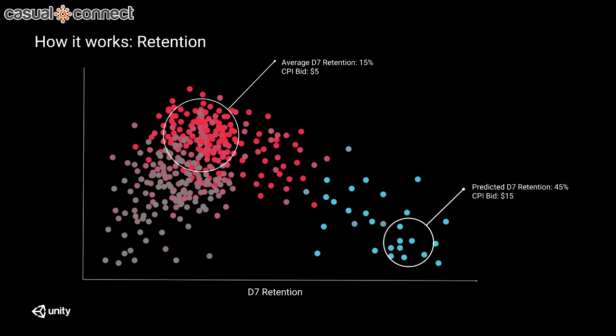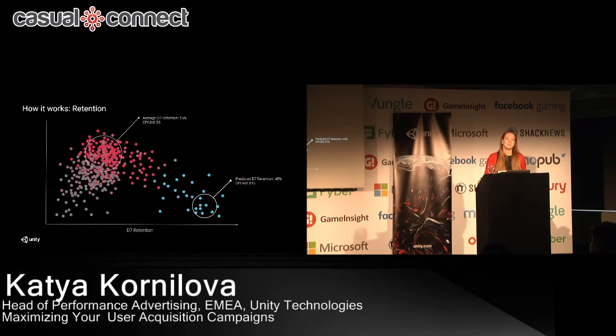The retention campaigns are quite a visual example, as you can see. If your game's average day 7 retention is 15%, as in this example, and you set your bid at $5, and we find a user whose retention is 3 times higher, i.e. 45%, you will be paying 3 times the bid, i.e. $15.